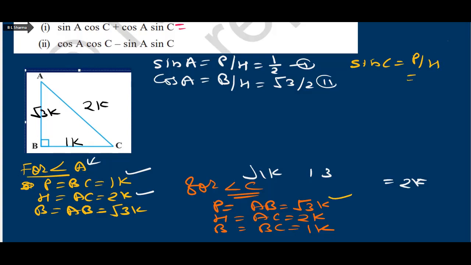Perpendicular is root 3k, means root 3 upon hypotenuse is 2.